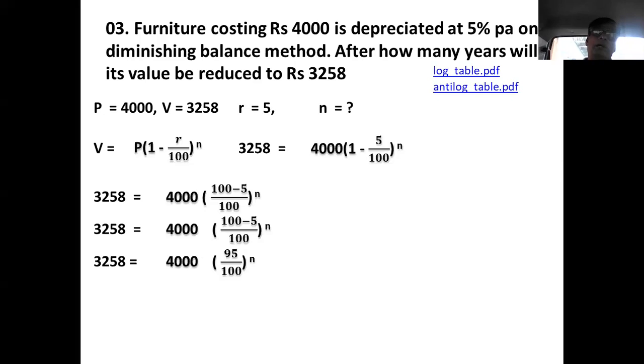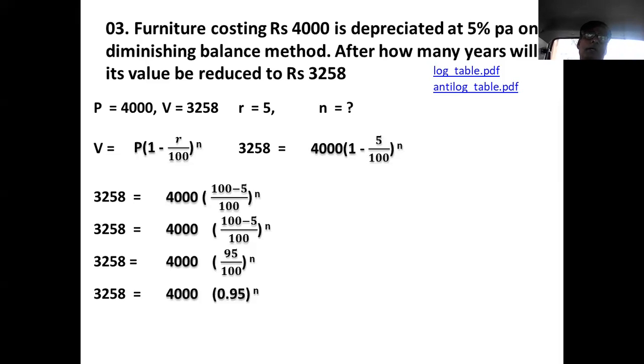Then if you take this, 4,000 in the bracket 0.95 raised to n.